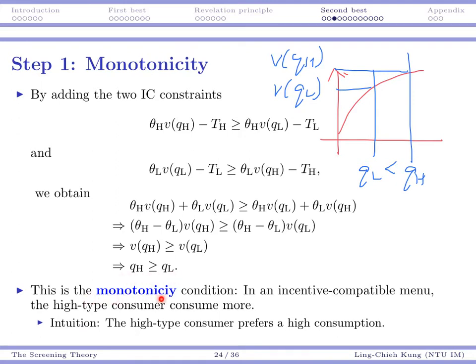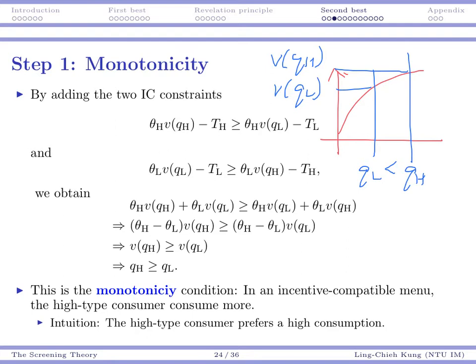This result is called the monotonicity condition. It says that if a plan is incentive compatible, then the high type consumer will consume more, or in the optimal plan, we should offer more consumption to the high type consumer. Because this condition comes from these two constraints, if a solution is feasible, it must satisfy this condition.